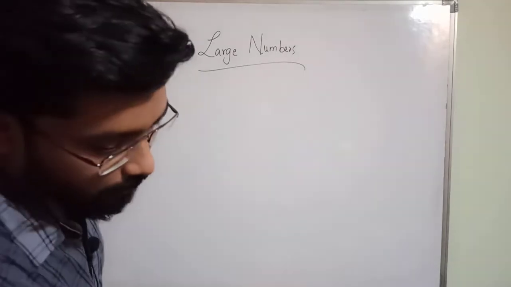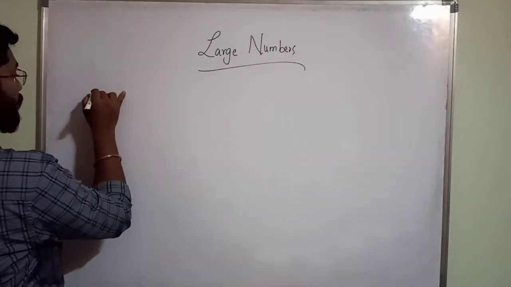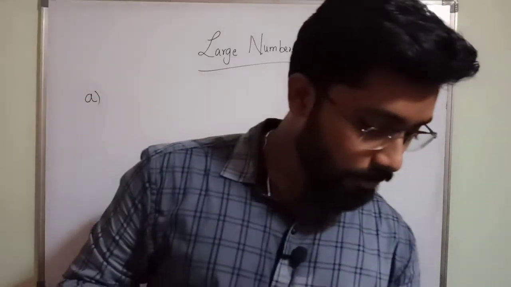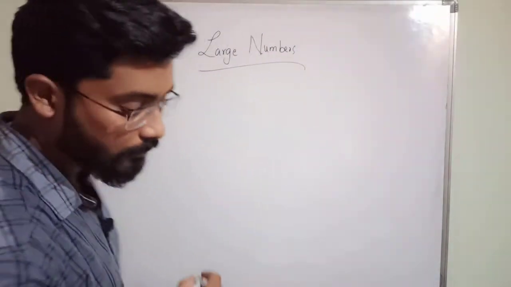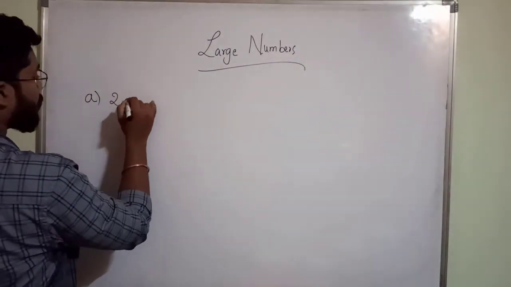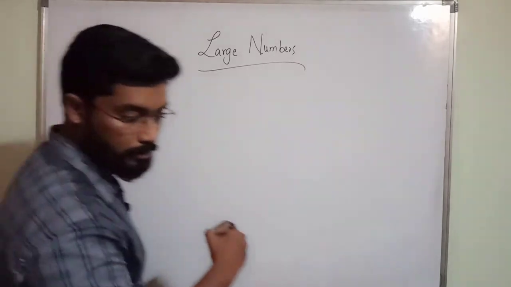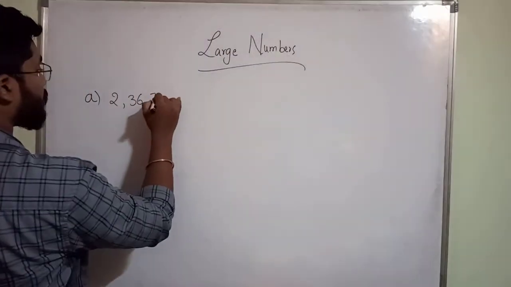So in that first one, A, what is that? 2,36,745.